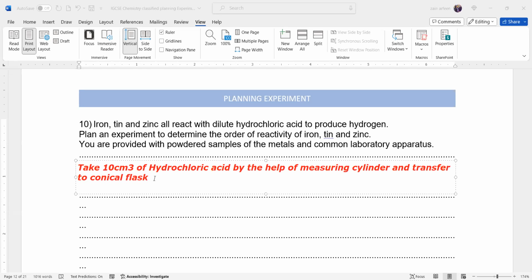Then add metal, add a known mass, because for a fair comparison we should have an equal amount of the metal, equal size should be there. So take 2 grams of iron and transfer it into the conical flask.